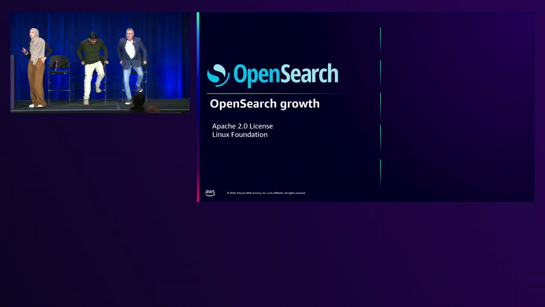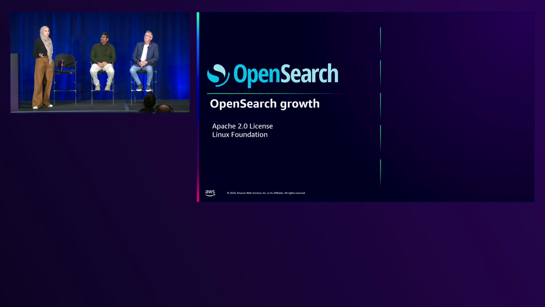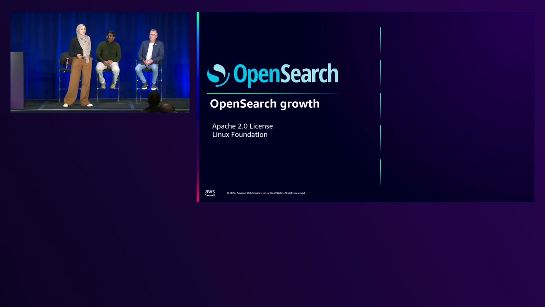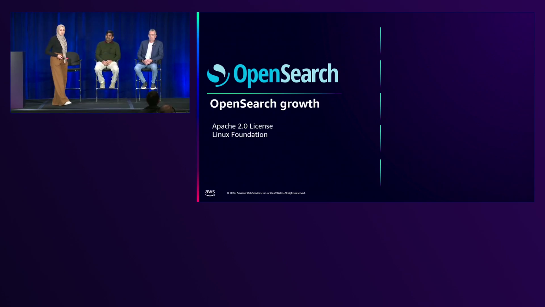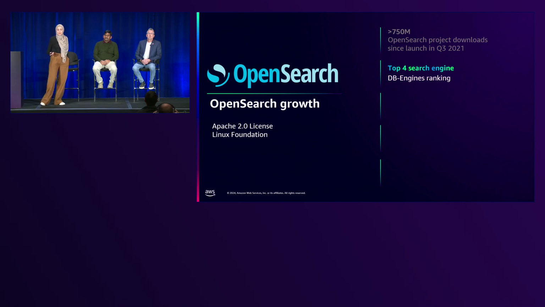So let me start with introducing what is OpenSearch, the open source platform that is powering Amazon OpenSearch Service. OpenSearch is an open source platform, Apache 2.0 licensed. It has recently become part of the Linux Foundation, reinforcing its vision to the open source community. We have customers using OpenSearch with over 750 million downloads.